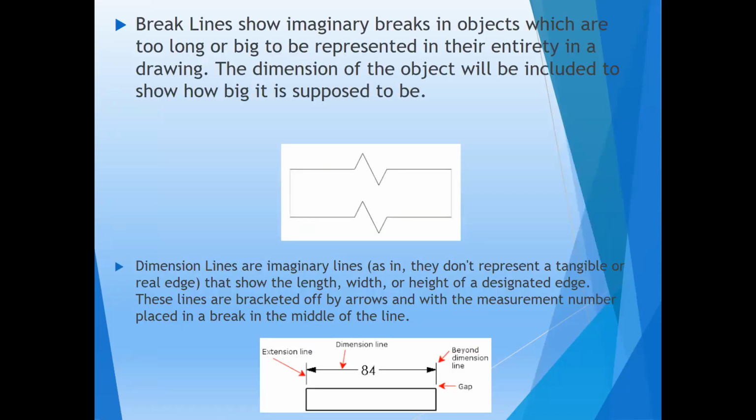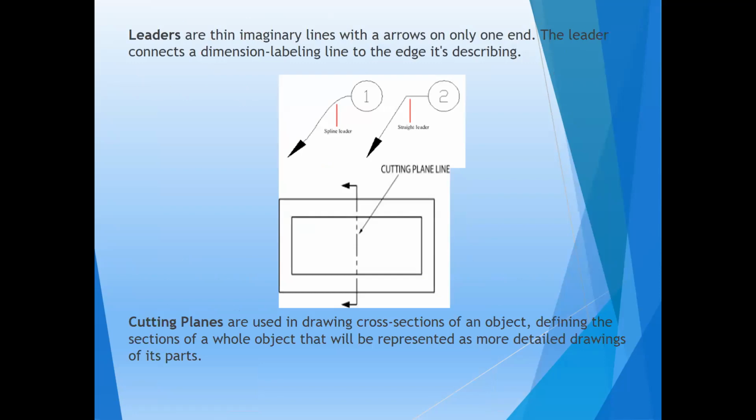Break line shows imaginary breaks of an object which is too long or too big to be represented in the entire drawing. Dimension lines are imaginary lines which show the length, width, height of designated edges. These lines are bracketed by arrows, with the measurement number placed in a break in the middle of the line.